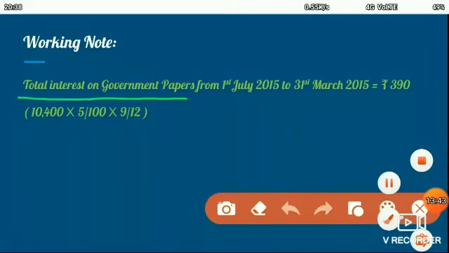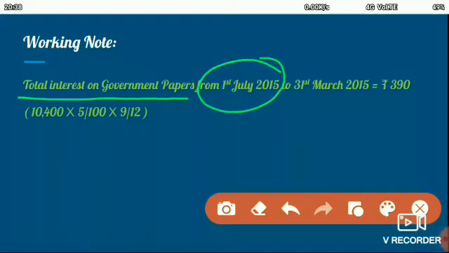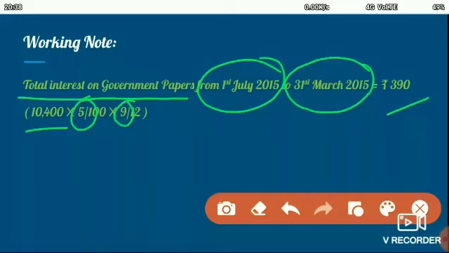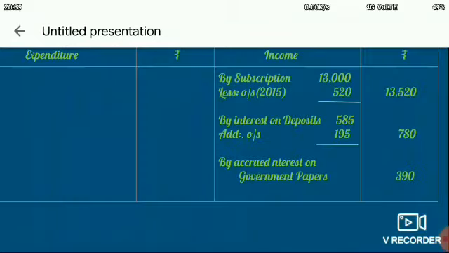Total interest on government papers: the date of investment was 1st July and the year ending is 31st March 2015. So the time is 9 months. The rate of interest is 5% and the amount of investment is 10,400. So when we calculate, we should get 390. So our accrued interest on government papers is 390.